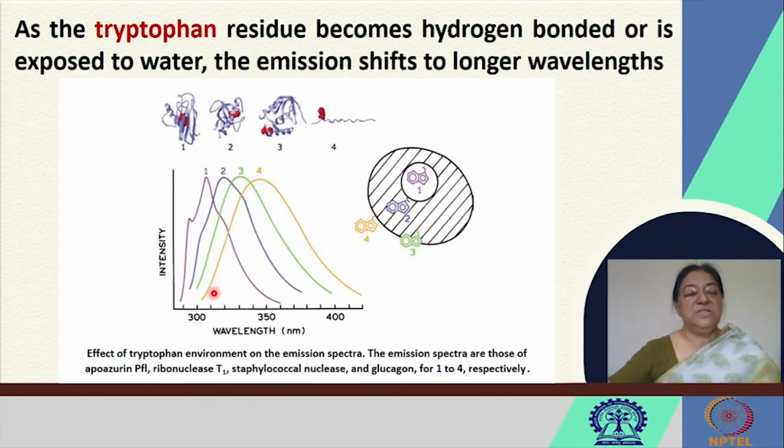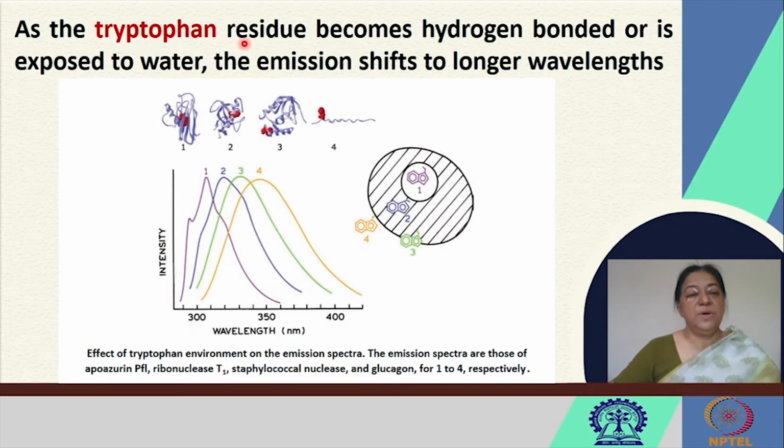As the tryptophan residue becomes hydrogen bonded, say due to a particular denaturant that results in the unfolding of the protein, there is an exposure of this tryptophan to the solvent. Now, this exposure results in what is called a red shift, as is evident from the spectra that we see here, where we have the fluorescence emission intensity on the y-axis and the wavelength on the x-axis.